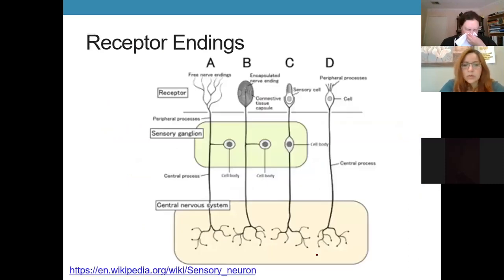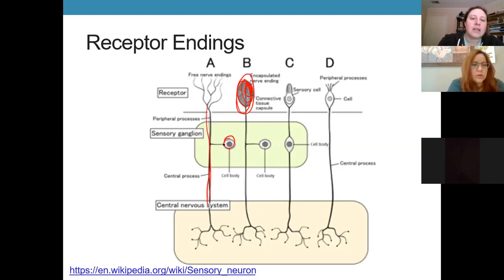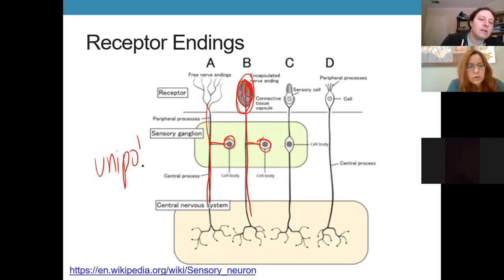Here's a different one showing you the different categories, and here's another connective tissue encapsulated nerve ending. Again, we have all this extra structure. You can see that both for the non-encapsulated and the encapsulated, these are typically unipolar neurons with their cell bodies in the dorsal root ganglia.